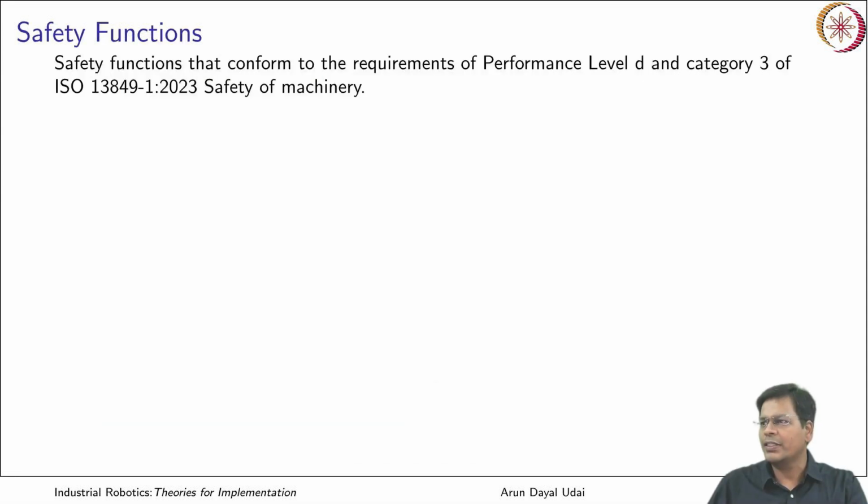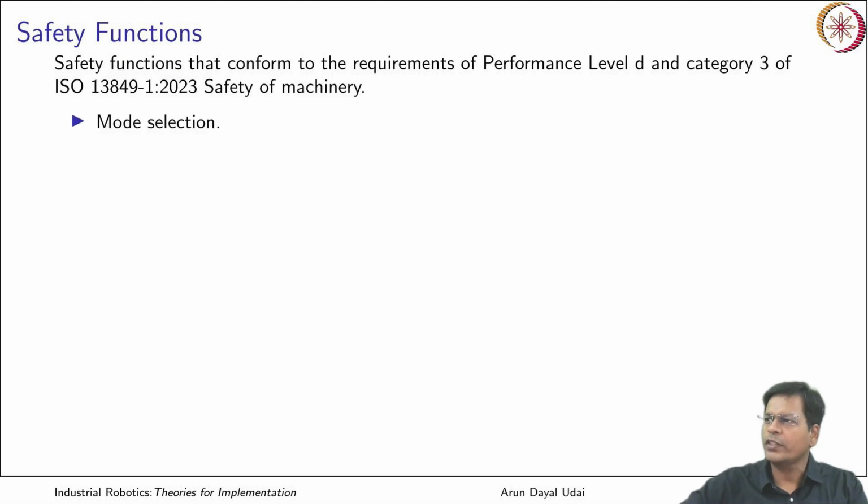So now let us discuss some of the safety functions which are already there in the robot. In any industrial robot, safety functions conform to the requirements of performance level D and category 3 of ISO 13849-1:2023. This is the latest one till date, safety of machinery. So all the guidelines are here.